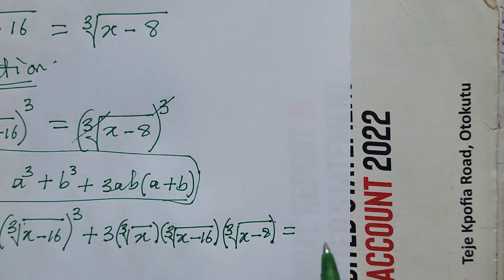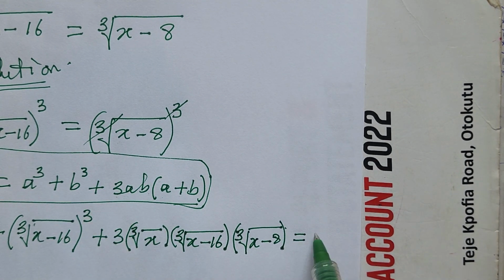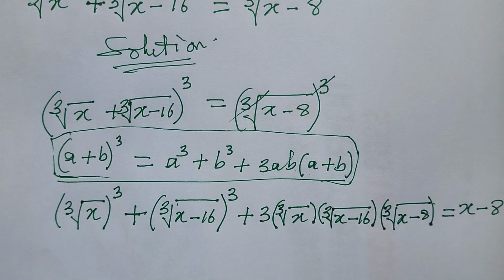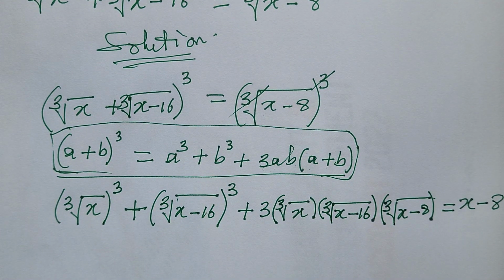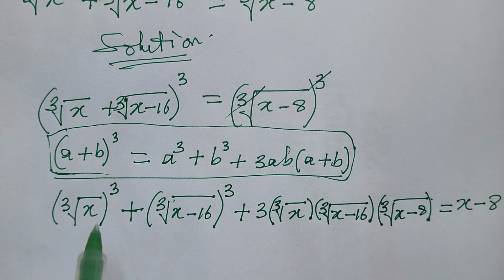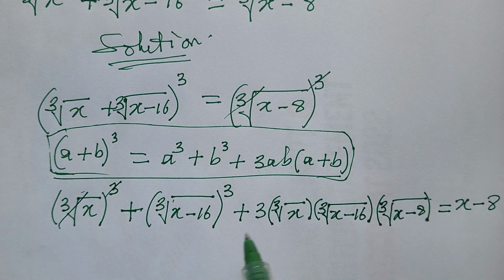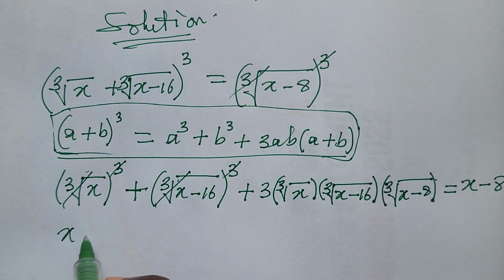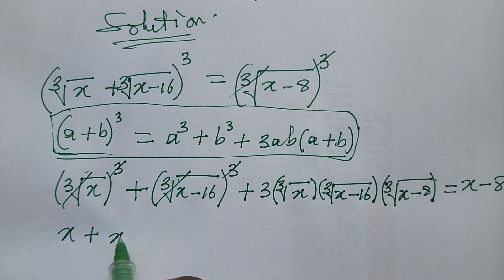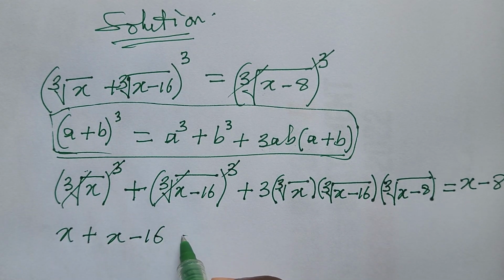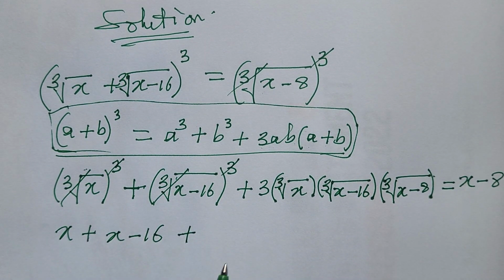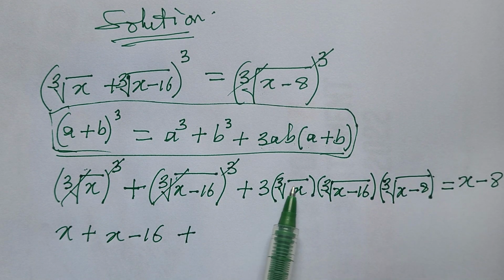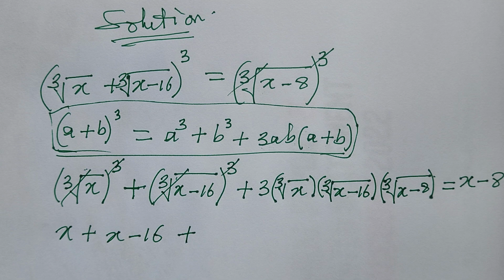Everything equal to, look at what we are left with here. So we have here x minus 8. Okay. So the work is easier now. So this will go with this, and this will go with this. So we now have x plus x minus 16 plus, here we are having this times this times this, and we are having cube root. So it is easy.